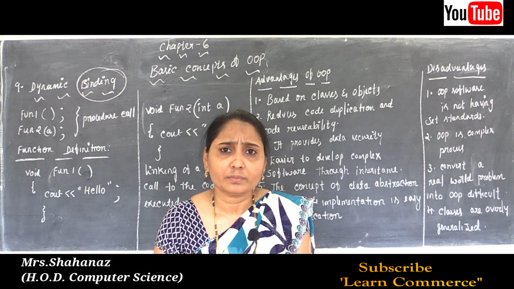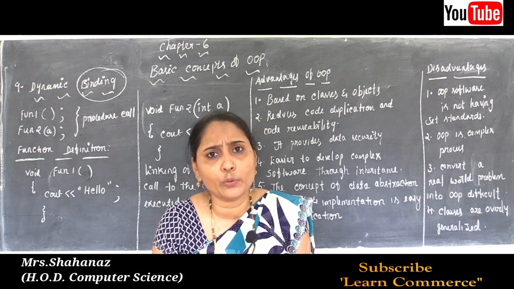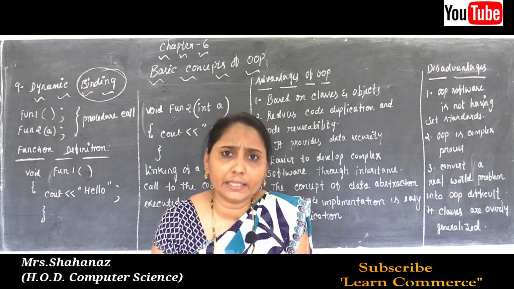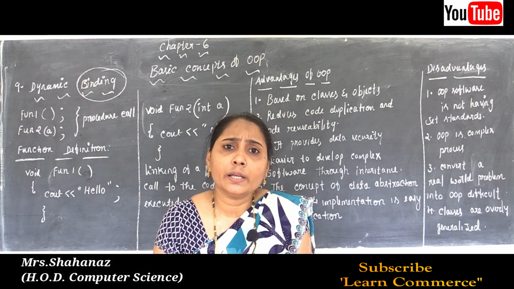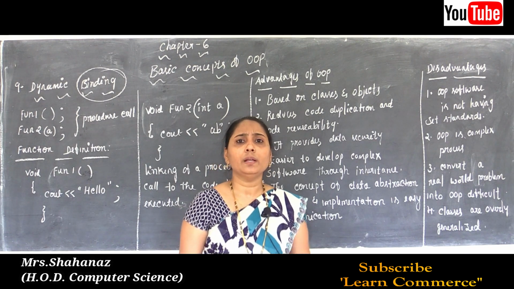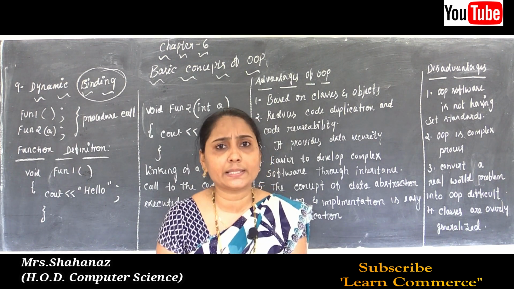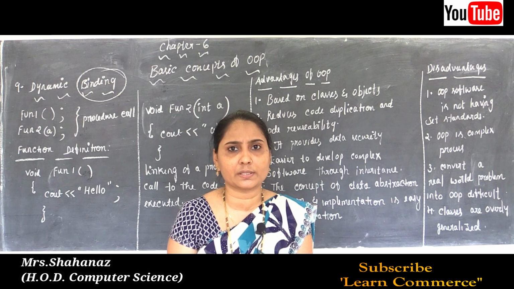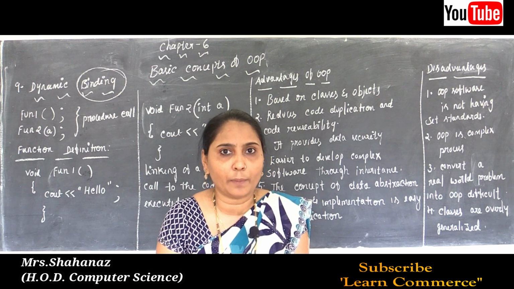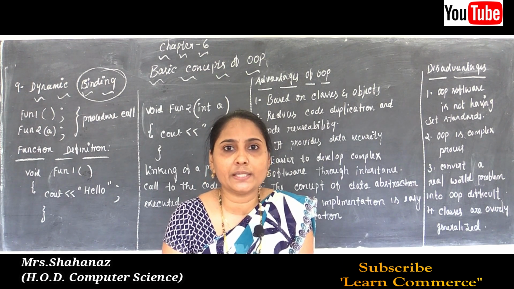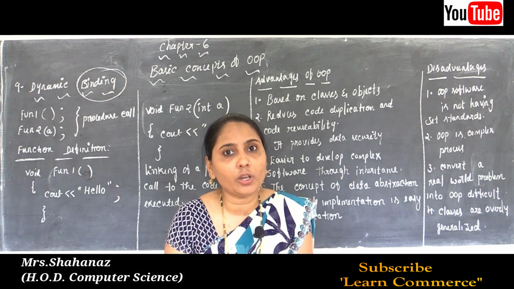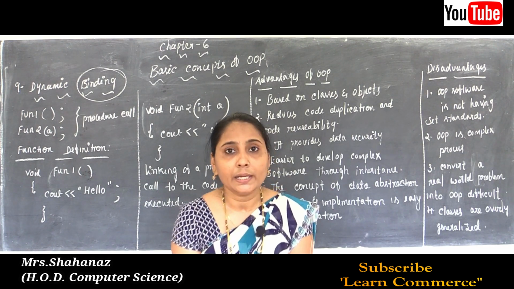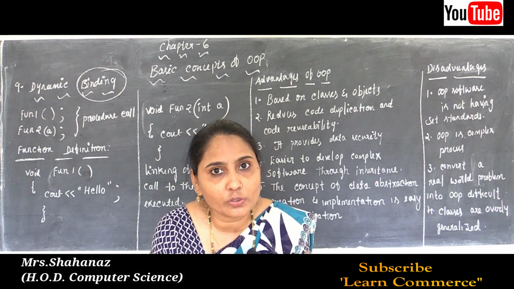Why? Because the development time is reduced. Why is the development time reduced? Because in object oriented programming, the standard class libraries can be used by programmers while developing the program. The standard libraries are maybe iostream, iomanip, or stdlib.h, all called standard libraries, depending on the function where we need to use the header file.